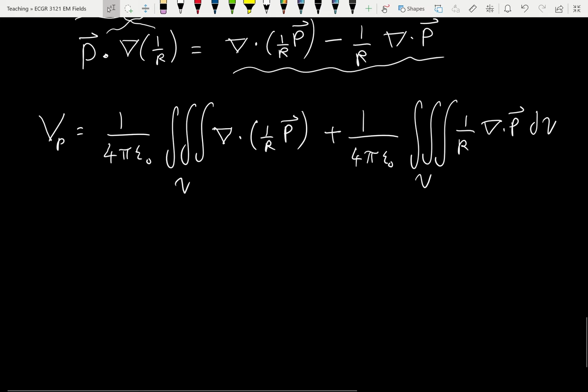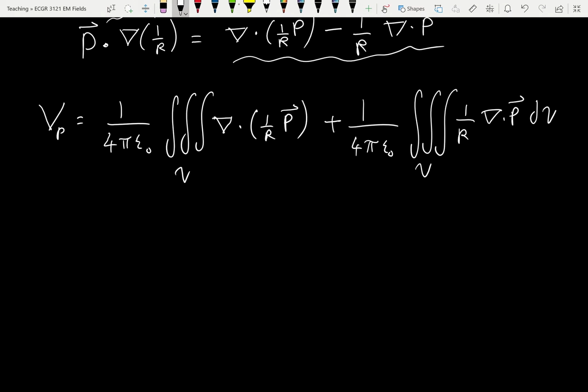Okay. Now this first part, I can change this volume integral into a surface integral through the divergence theorem, right?